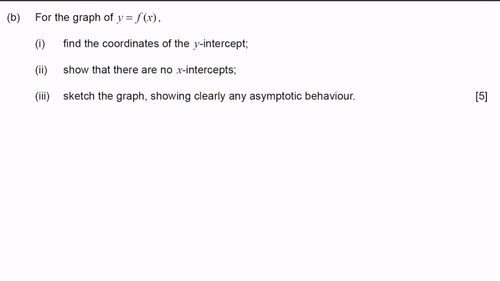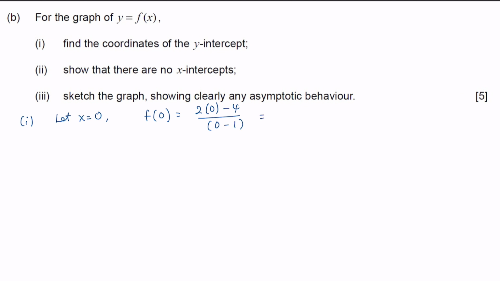Okay, B. For the graph of y equals f(x), find the coordinates of the y-intercept. So for this one I need to let x equal 0. So f of 0 is equal to 2 times 0 minus 4, over 0 minus 1.